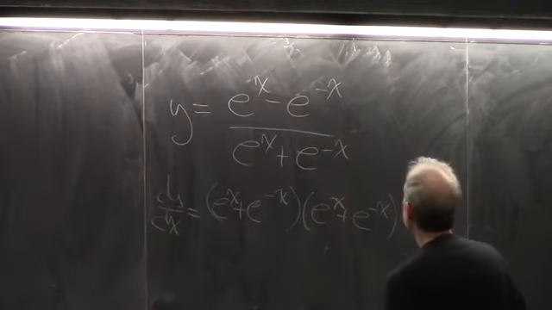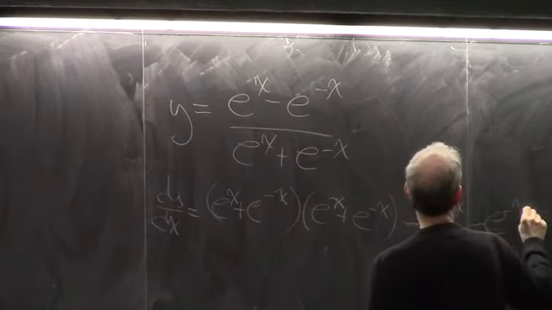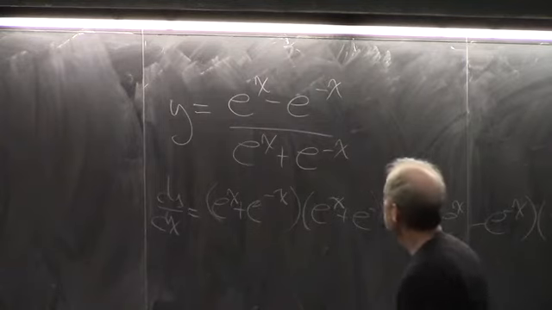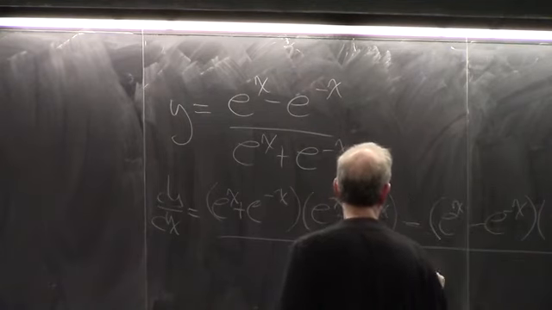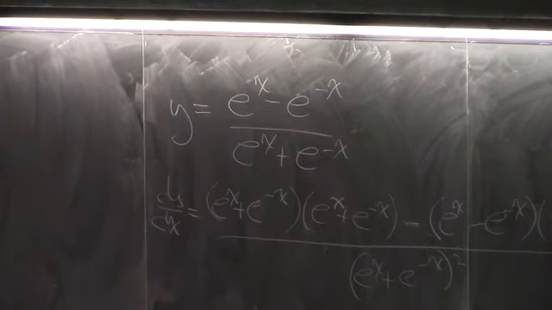Minus, other way around, e to the x minus e to the minus x times the derivative at the bottom, which is e to the x, plus e to the minus x times negative 1, which is minus e to the minus x, all over e to the x plus e to the minus x squared. So remember with the chain rule, since the derivative of e to the x is e to the x, the derivative of e to the minus x is minus e to the minus x.